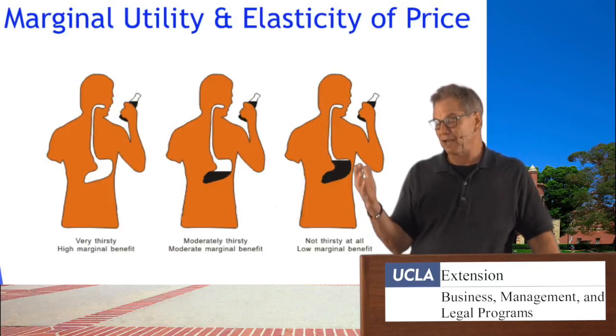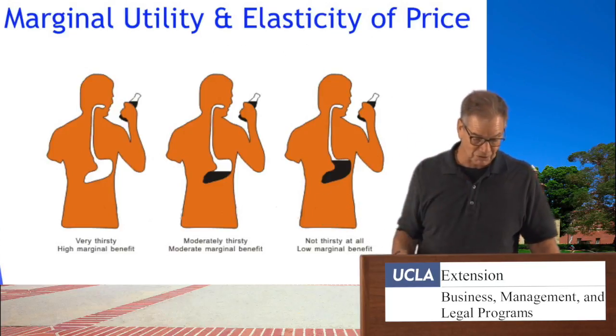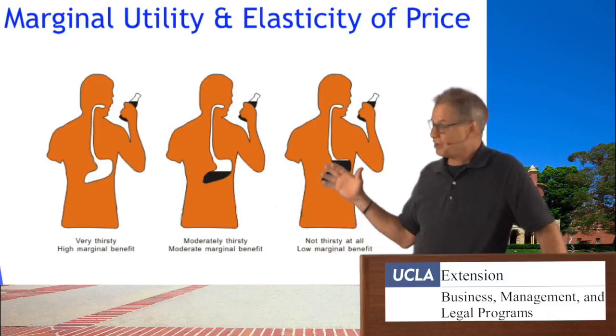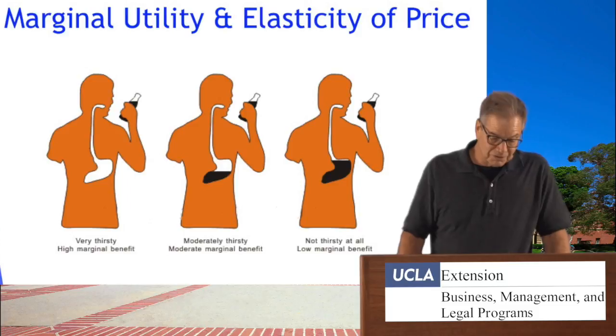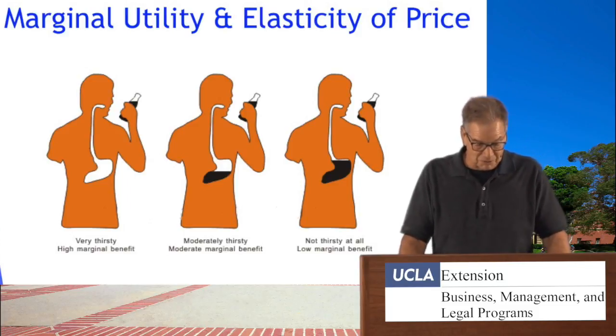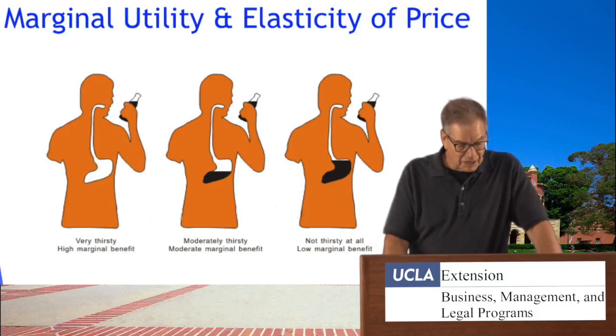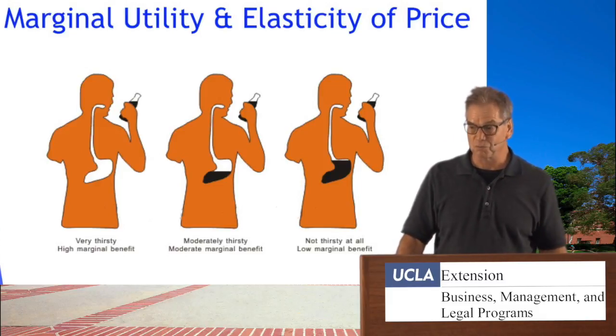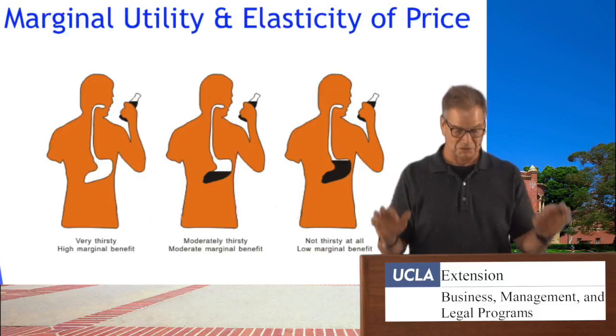So the person says, well, at that price, I'll buy it anyway, even though I'm not really thirsty. And the character on the right, the stomach is 100% full, he's not thirsty, and would have a very low marginal benefit for the drink. If you're really full, you might even pay not to have to drink it.